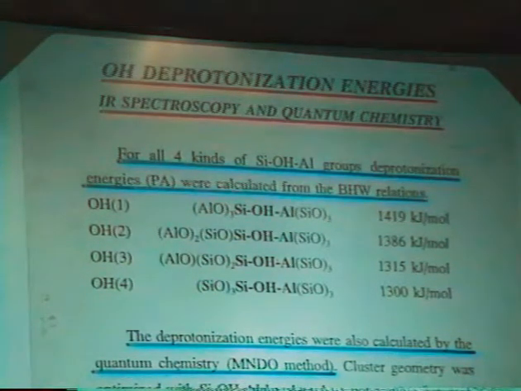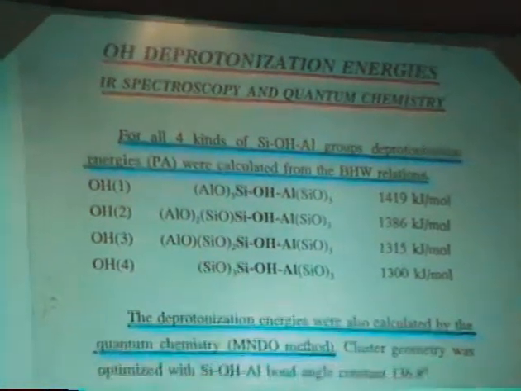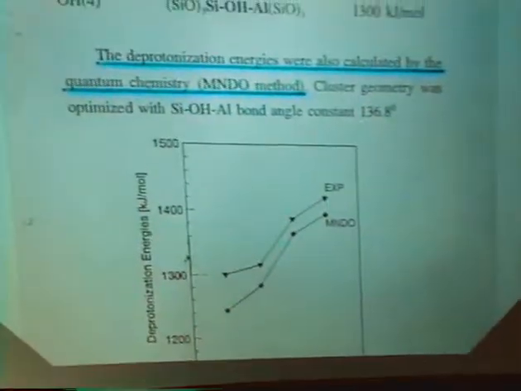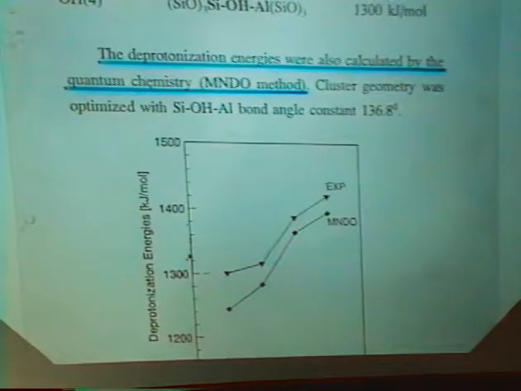We used clusters of such formula. The cluster geometry was optimized with only one parameter constant, the bridge angle, 136.8. This value was taken from the paper of Olson and Dempsey. This is the experimental value for bridging hydroxyls in faujasite.